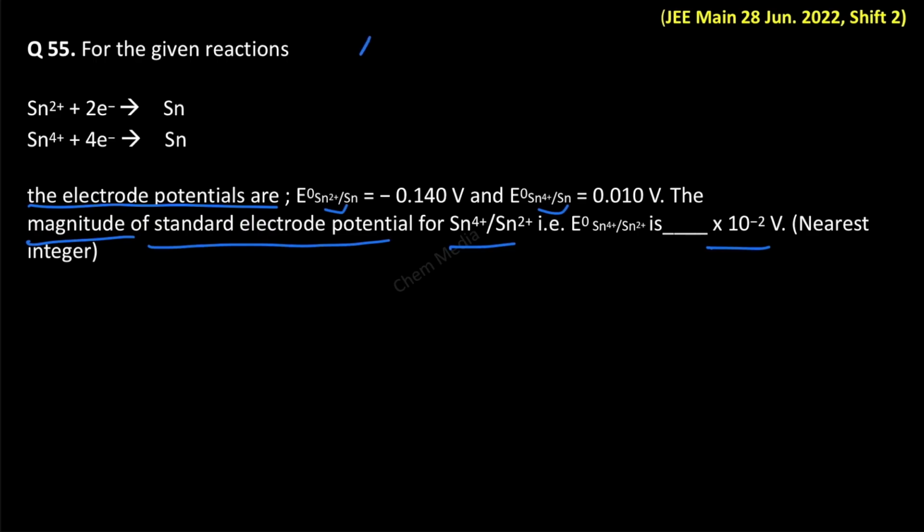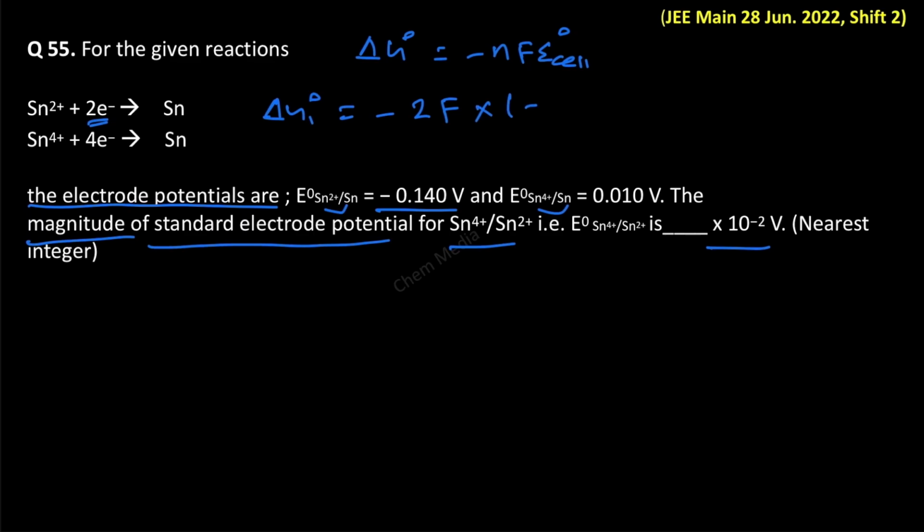And we know that delta G standard is equal to minus nFE cell standard. Based on the equations given, we are going to write two equations. One is delta G1 standard is equal to minus 2, because 2 electrons are involved, times Faraday constant times E cell standard, value given as minus 0.140 volt.